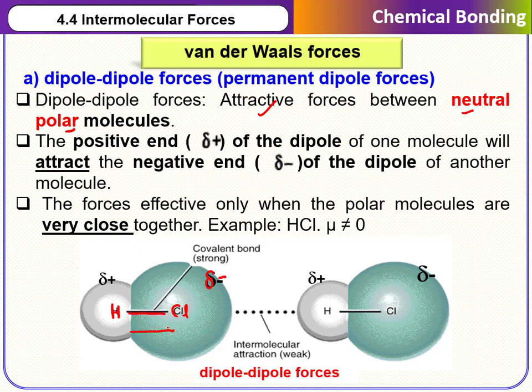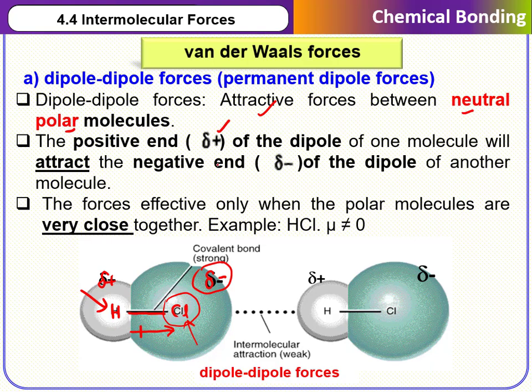The arrow is pointing from the less electronegative, which is hydrogen, to the more electronegative, which is chlorine. So why do we have this partial negative? Because chlorine is more electronegative than hydrogen. So hydrogen will be partial positive, which means less electronegative.